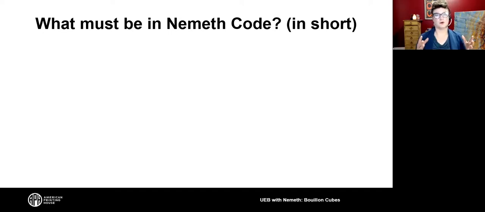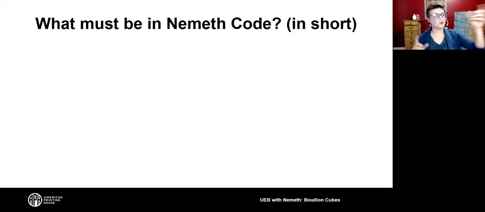But we might use UEB with Nemeth for an explanation, even just for reading for fun, of Albert Einstein's E equals MC squared concept. But if it's just a biography of Albert Einstein, then that would likely be transcribed only using UEB.